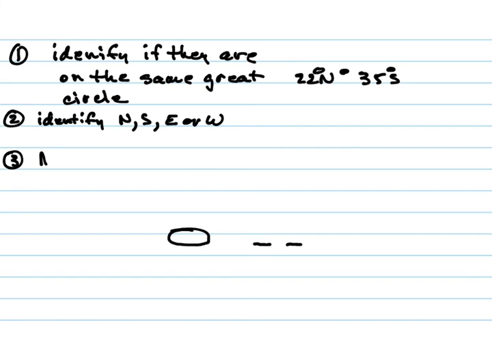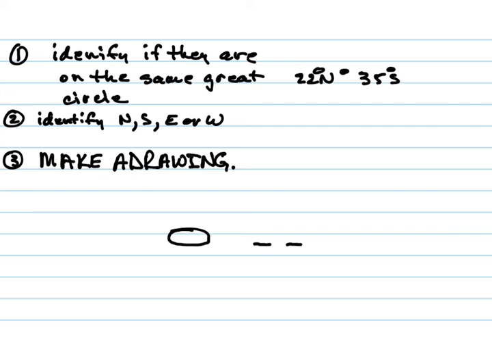Three. Make a drawing. If you don't draw it and your answer is wrong, I'm not going to sit there and try to figure out what you meant. I'm going to go, didn't care enough to try, wrong. Right?